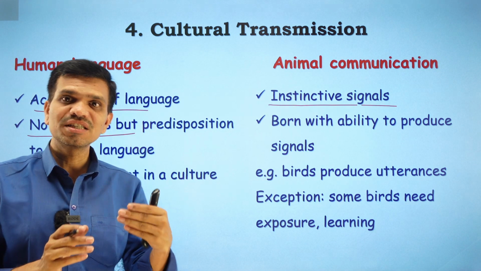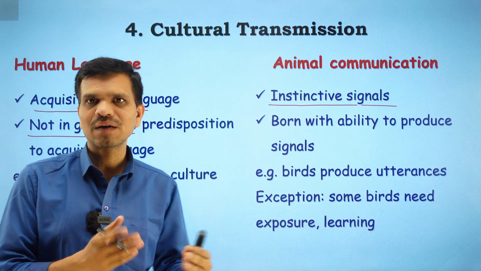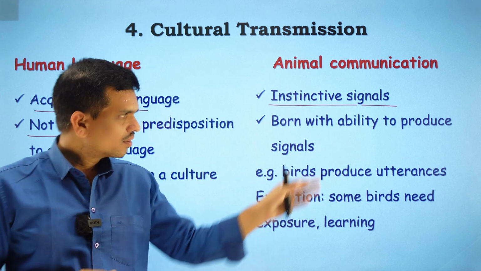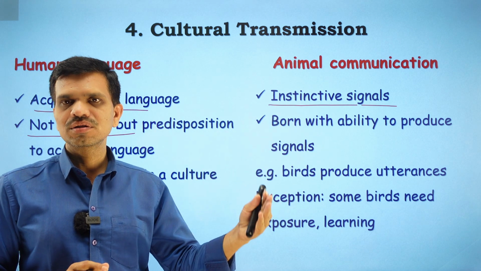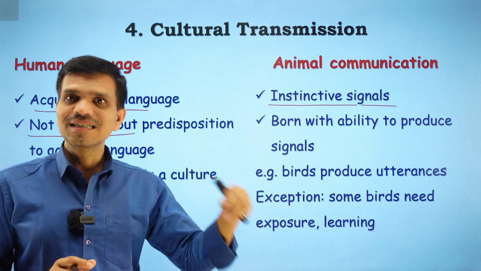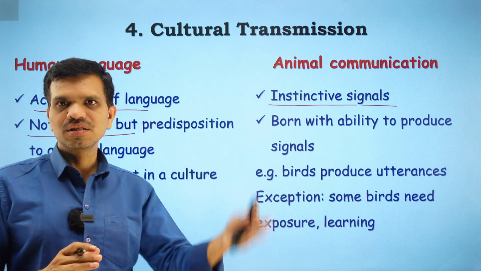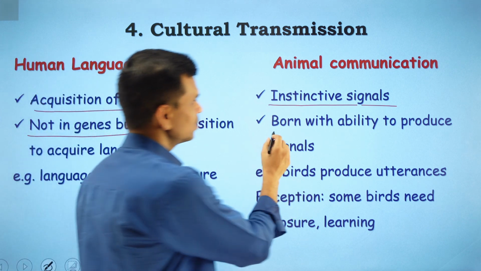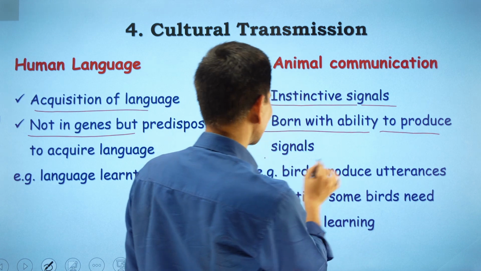Though we have a predisposition to learn a language, we have to acquire language. Animals do not need to learn language; they have the signals in their genes, and they can produce those signals in various situations. So this is the basic difference. They are born with the ability to produce these kinds of signals.